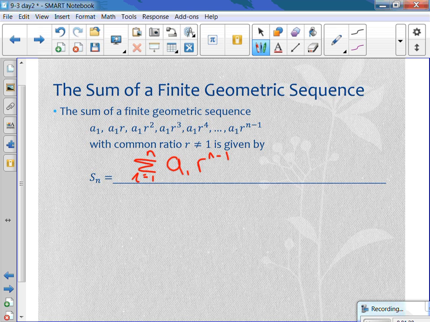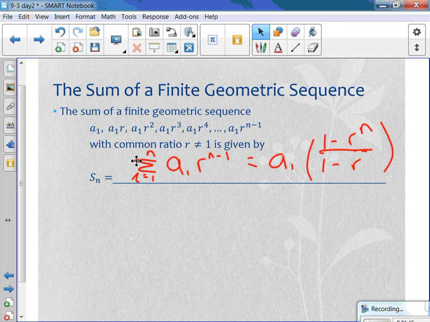From here we come up with the formula: a1 times the quantity 1 minus r to the n, all divided by 1 minus r. Another nice formula for you guys to know.